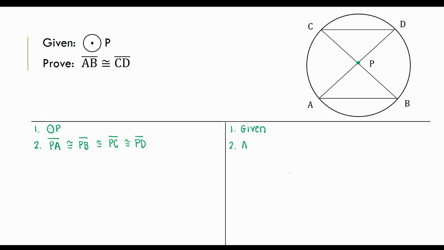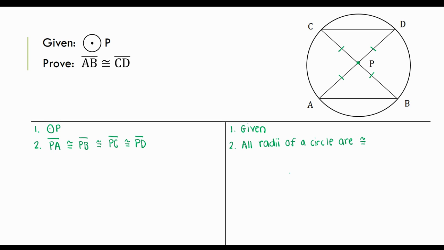Once again, this is because of that new theorem: all radii of a circle are congruent. And then I get to mark all 4 of those the same. That's the only information that I have.